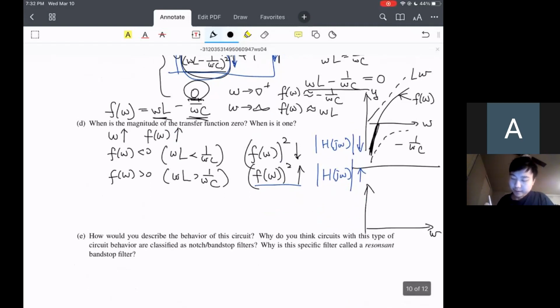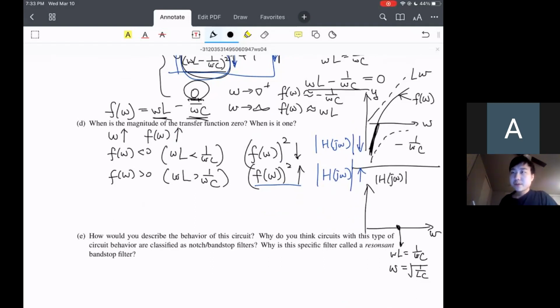This is omega, and this is the magnitude of the transfer function. At the point where omega L is equal to 1 over omega C, which is when omega is equal to the square root of 1 over LC, it is going to take value 0.